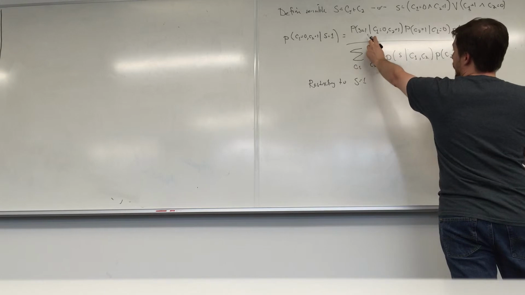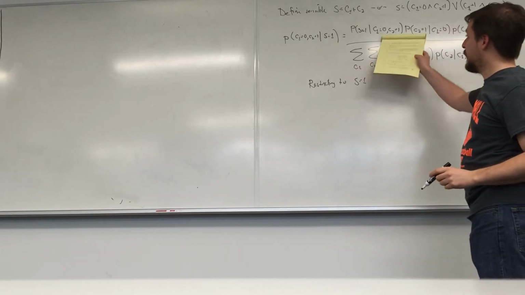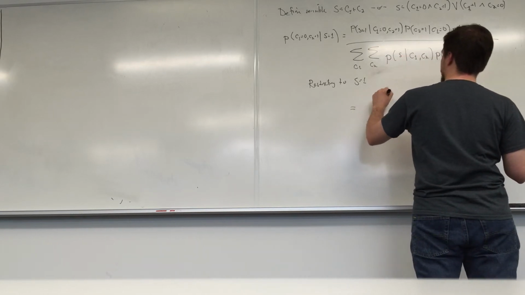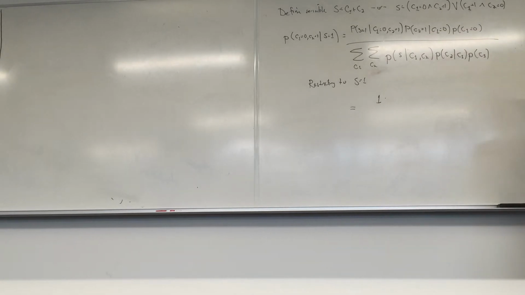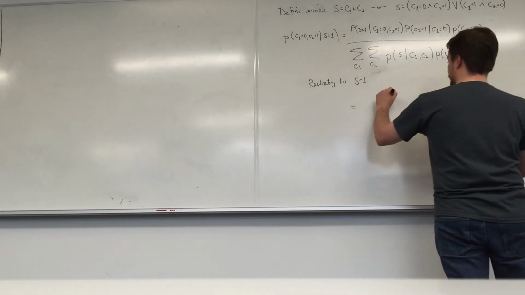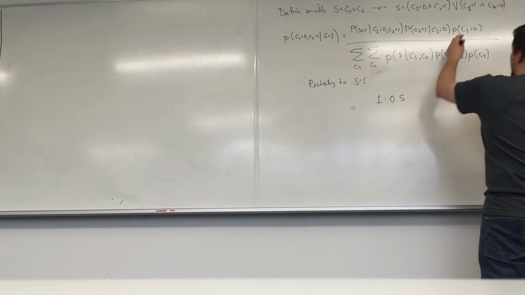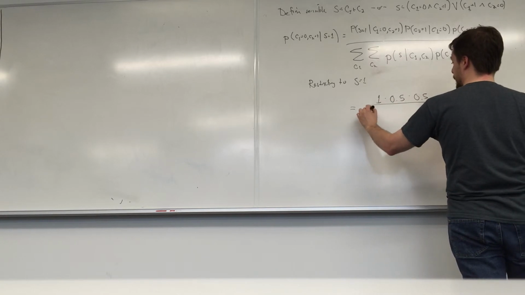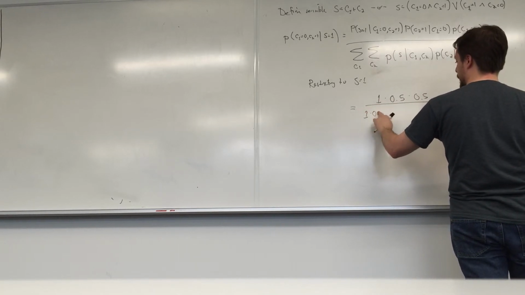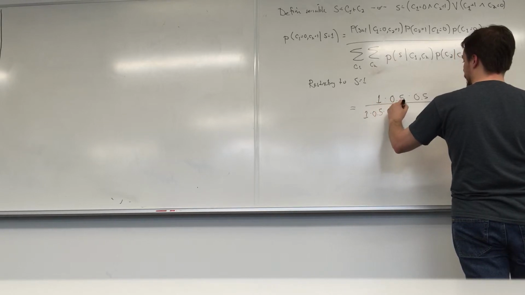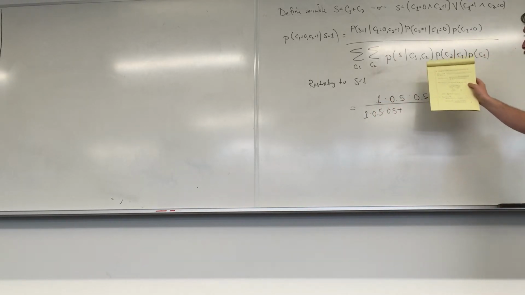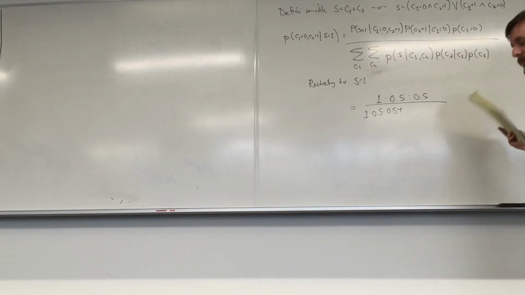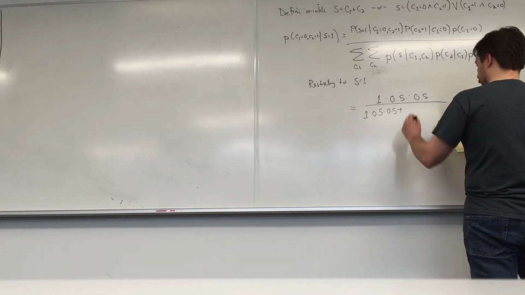So probability S equals 1 given this is 1. Probability of C2 equals 1 given C1 equals 0 is, I hope, 0.5. Probability C1 equals 0 is 0.5. And this is one of the cases that I care about. And then I care about the case where C1 equals 1 and C2 equals 0.